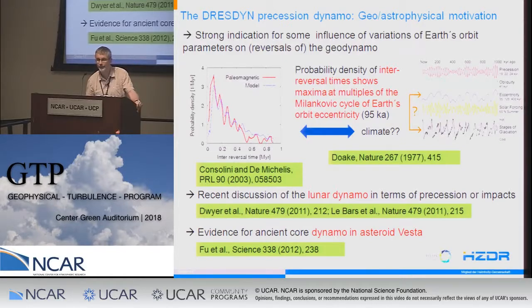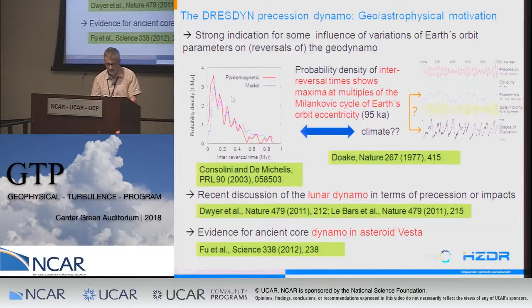But at least we have the motivation that it is well known that some of the parameter changes of the Earth's orbit, including precession, nutation angle, and the obliquity and eccentricity of the Earth's orbit play a role for the reversal statistics of the Earth.